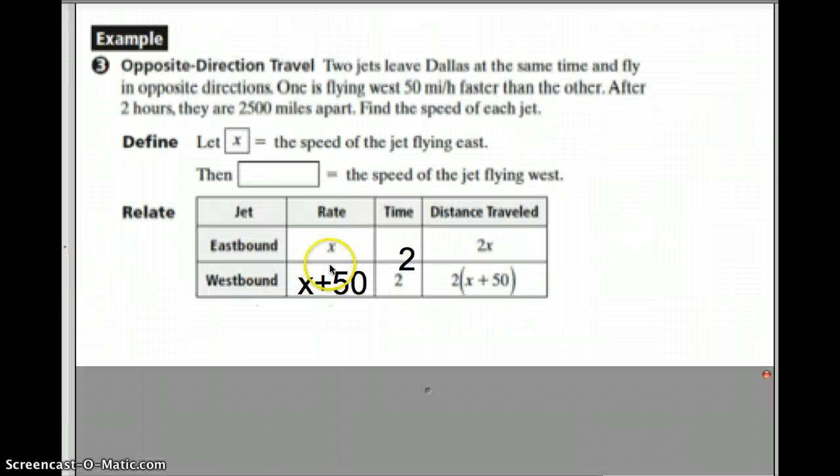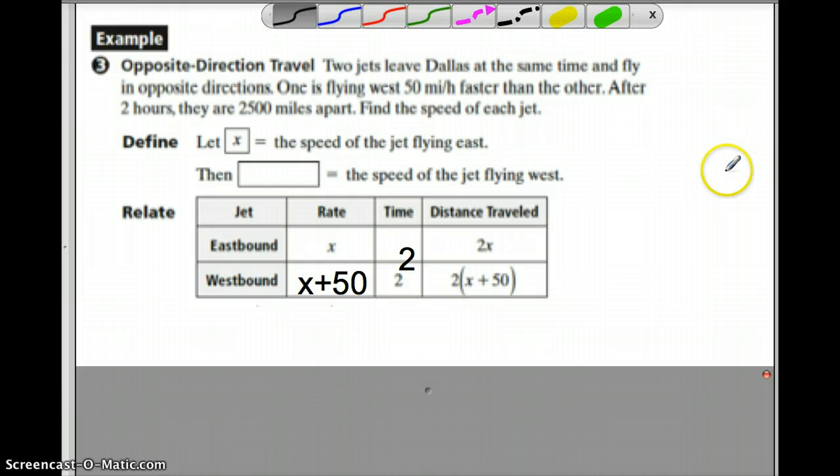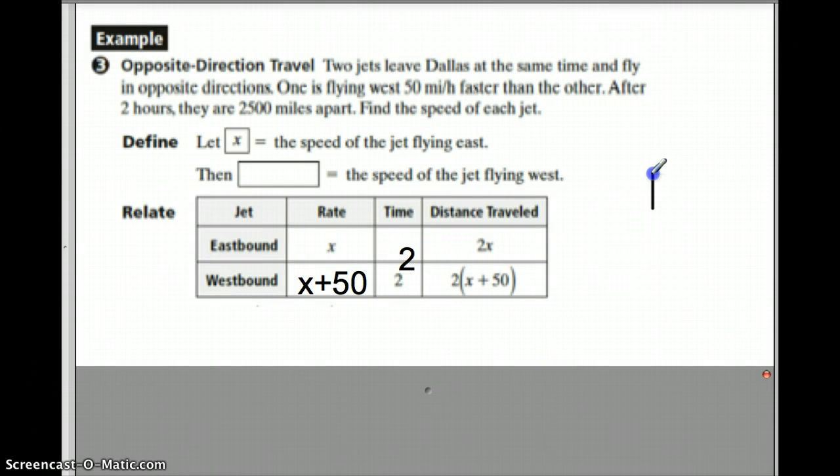Next question. Now I've got an airplane. Two jets leave Dallas at the same time and fly in opposite directions. So if you need to draw a picture, think about it. Here's Dallas, okay? And one's going this way, and one's going this way.